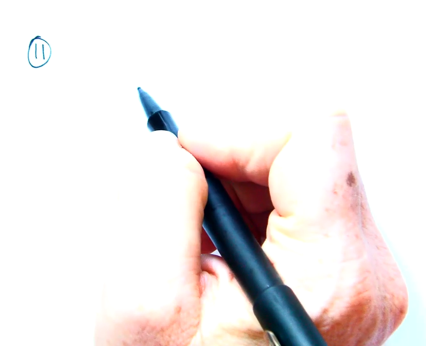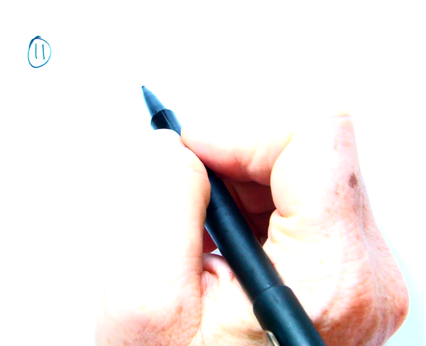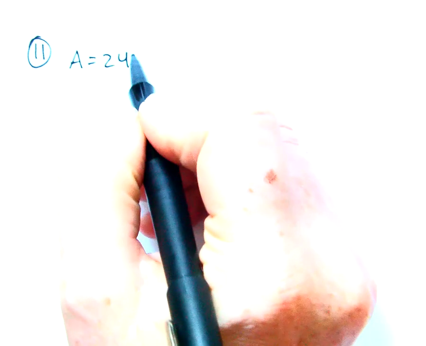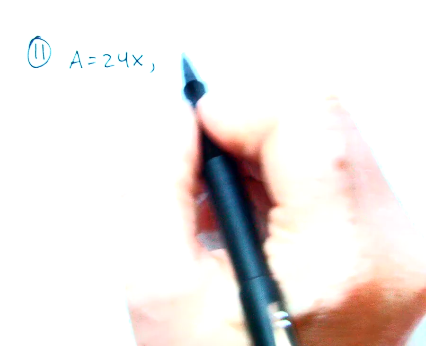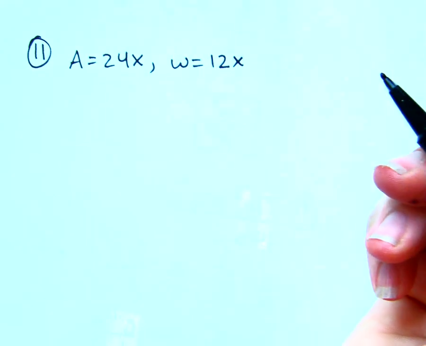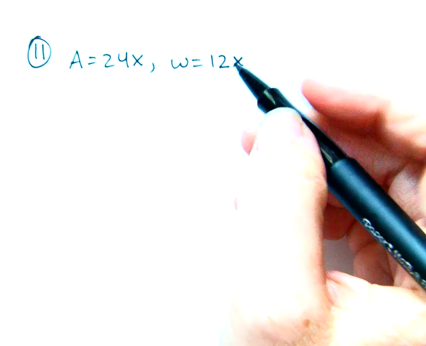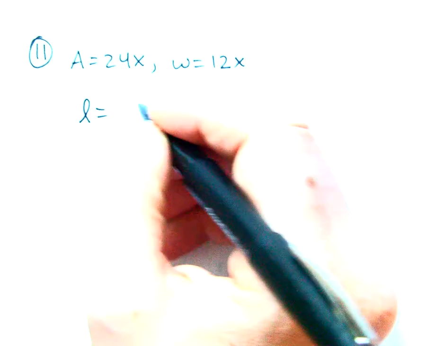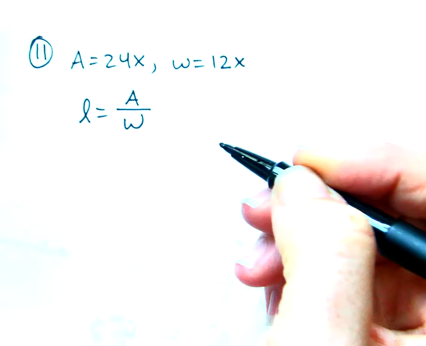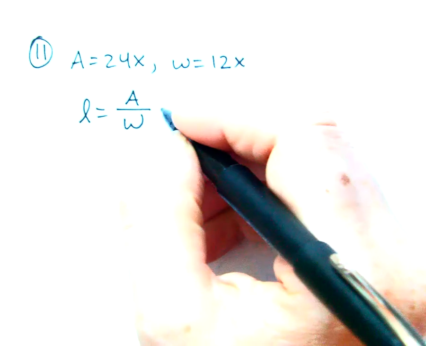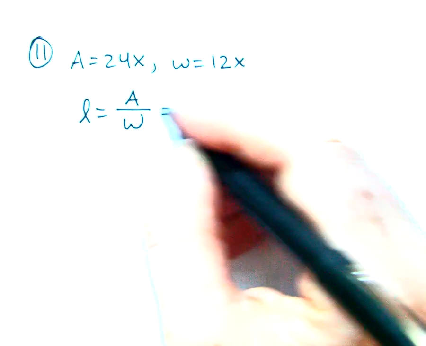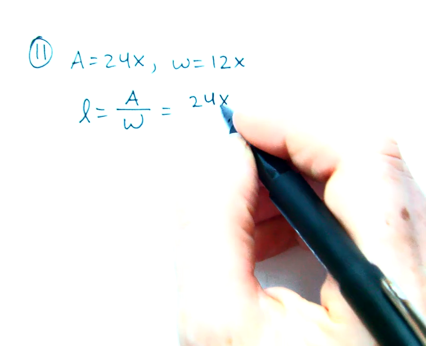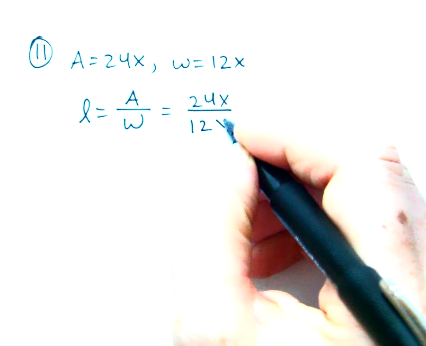Find the length of a rectangle if you were told the area is 24x and the width is 12x. Okay, so again, I can find length simply by dividing the area by the width. Okay, so the area is 24x and the width is 12x.